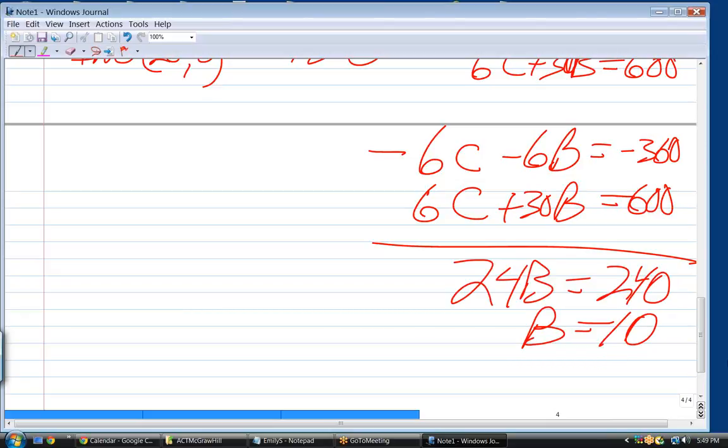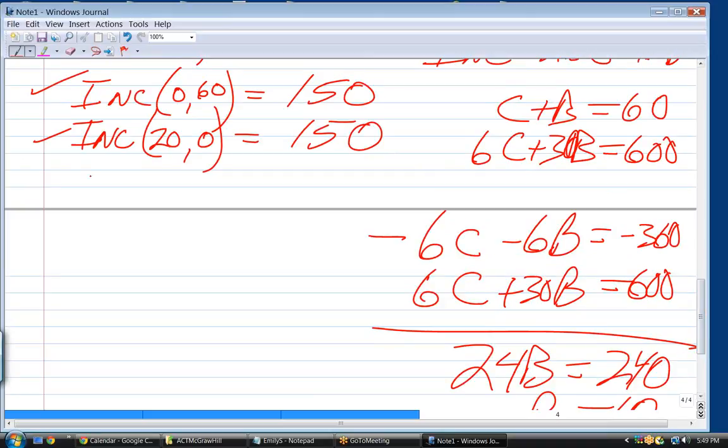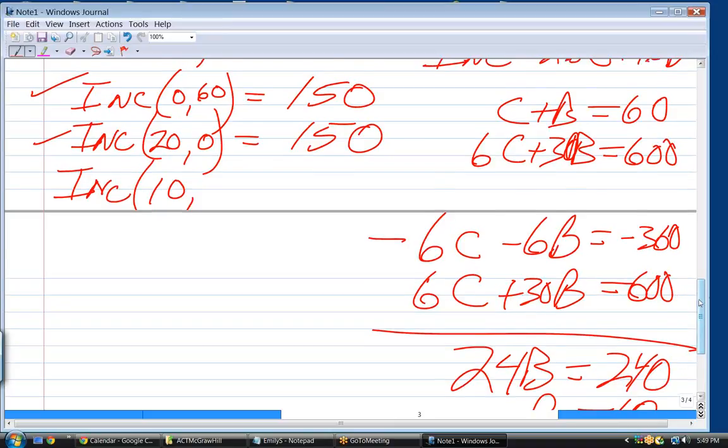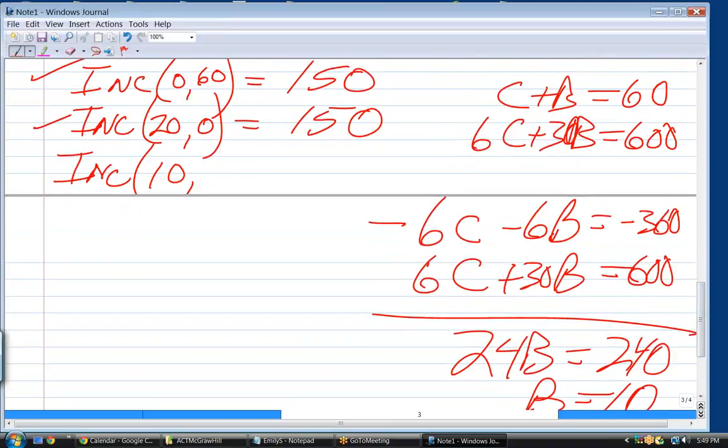And if B equals 10, then C equals 50, because B plus C equals 60. Now at that point, we need to plug into the objective function to see what that produces. In other words, I want to know what my income would be if I had 10 buses and 50 cars.